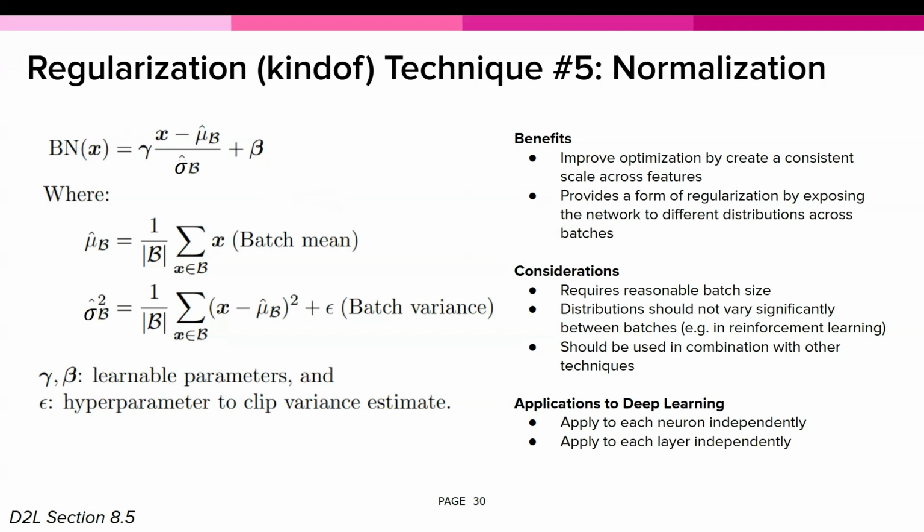In these cases, called layer normalization, we calculate the mean and variance across all neurons for each data point individually, rather than across a batch. And so this approach ensures stability in models dealing with sequences or time series where the distribution of data points can shift over time.